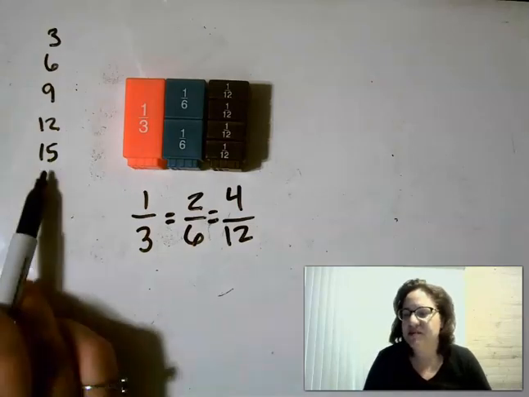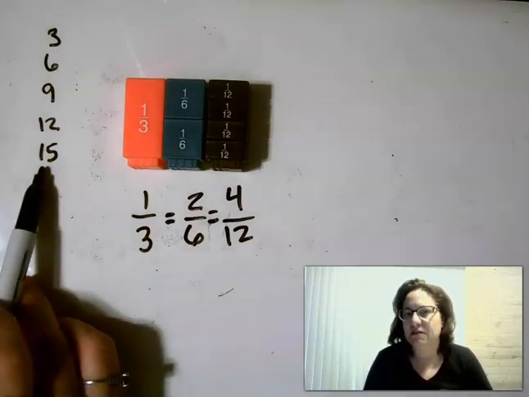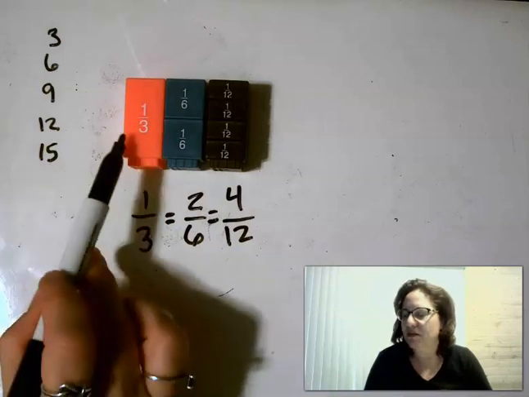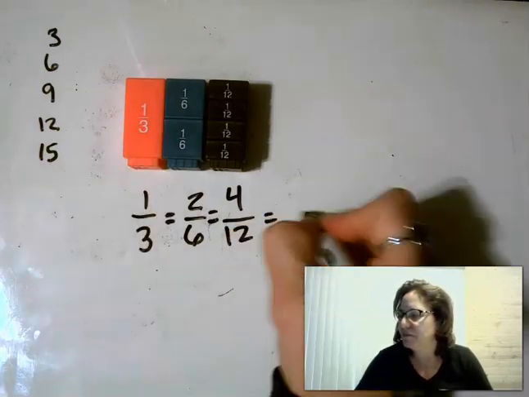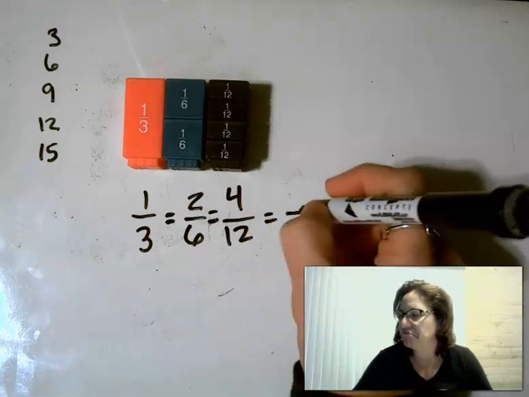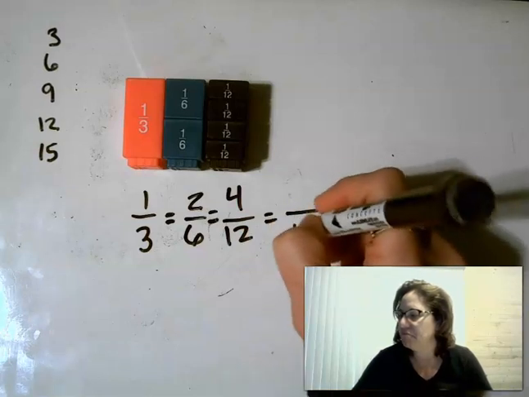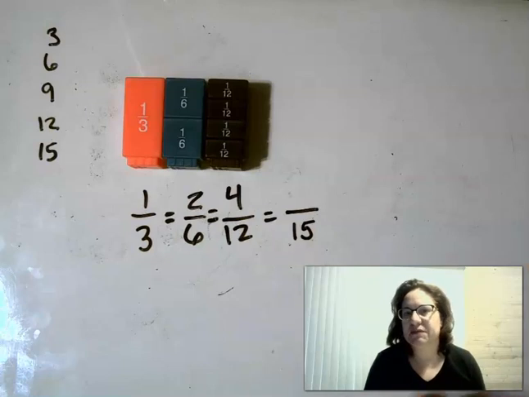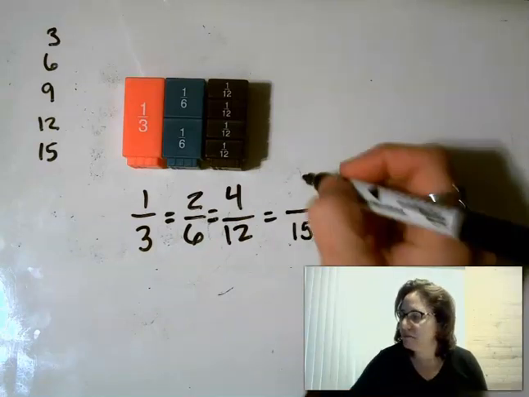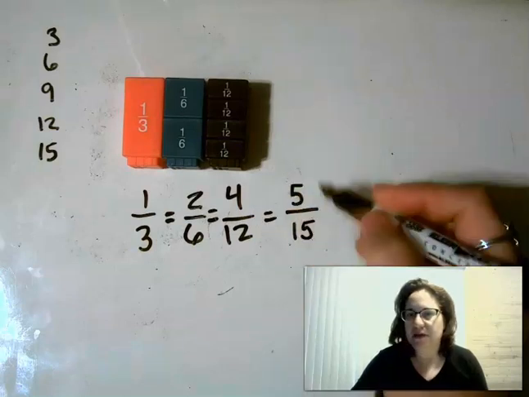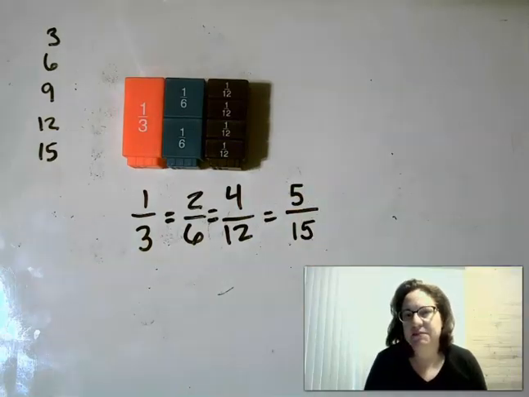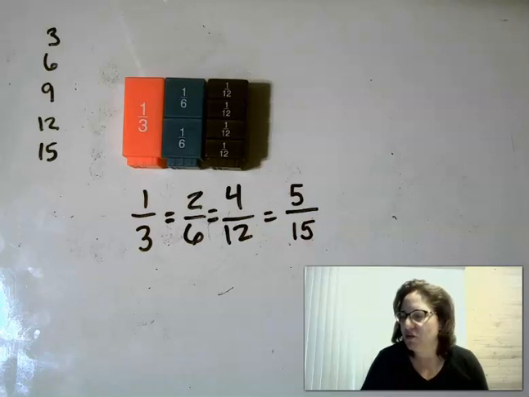How many 15ths would it take to equal 1/3? What's 15 divided by 3? Right, it's 5. 5 goes into 15 3 times. So there's another equivalent fraction.